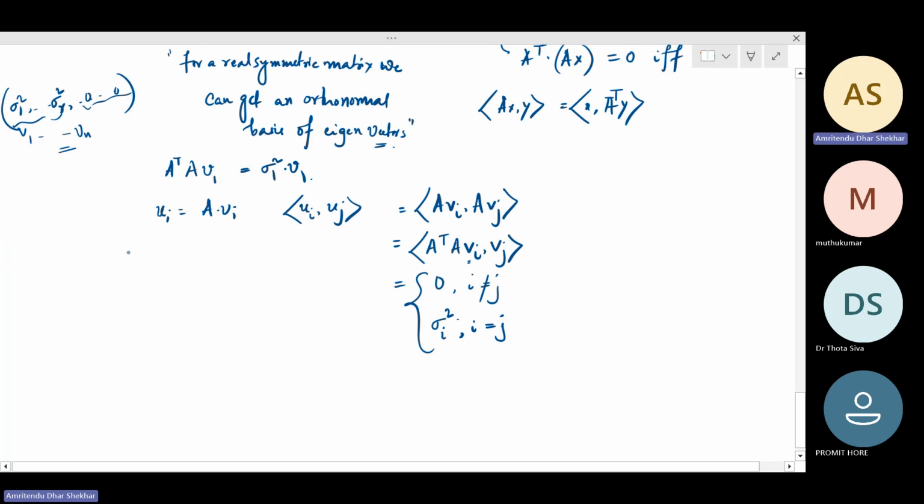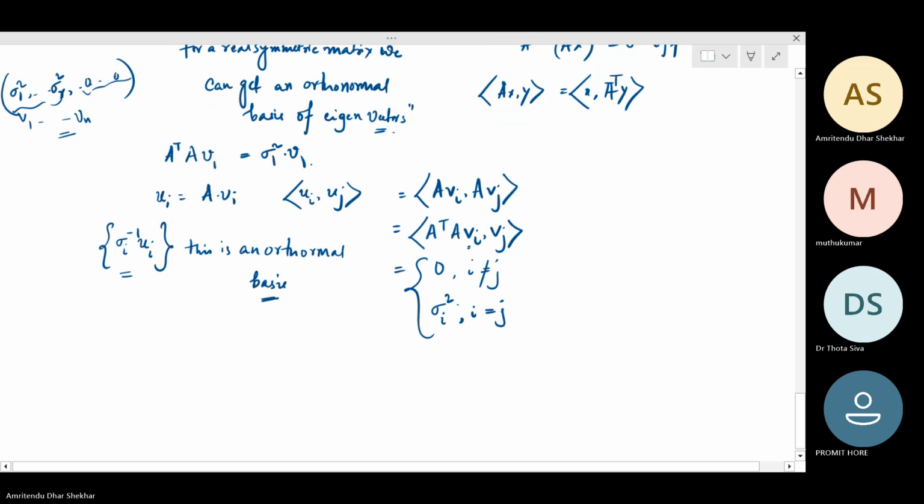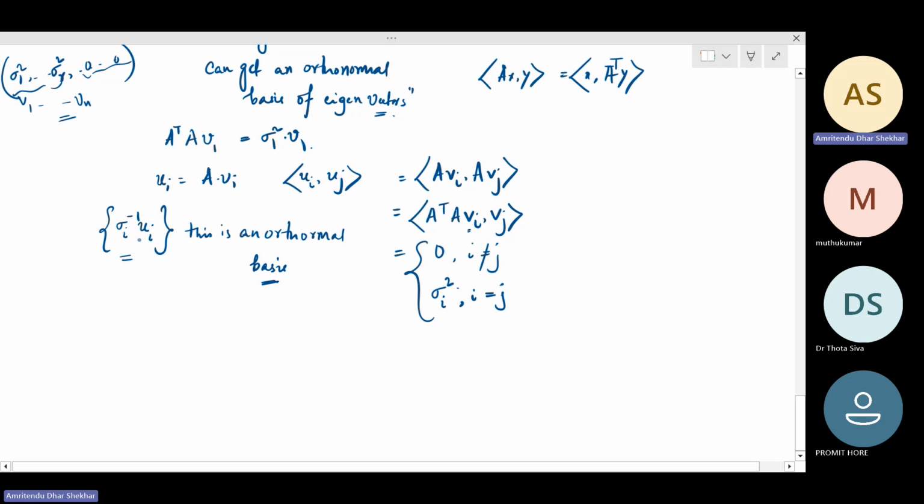If you consider this collection of vectors, Ui times sigma i inverse, then this is an orthonormal basis, because if you take the inner product, the sigma i squared will get cancelled and you get one. So you'll get an orthonormal basis.